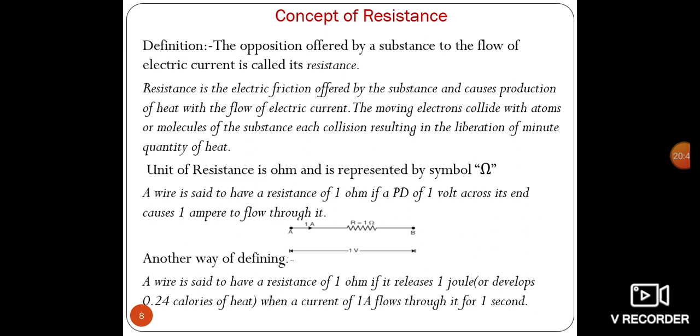Another way of defining resistance is, a wire is said to have a resistance of 1 ohm if it releases 1 joule or develops 0.24 calories of heat when current of 1 ampere flows through it for 1 second. So if 1 joule of heat is produced, or 0.24 calories of heat is produced when 1 ampere current flows for 1 second, then the resistance of the substance or the element is said to be 1 ohm.